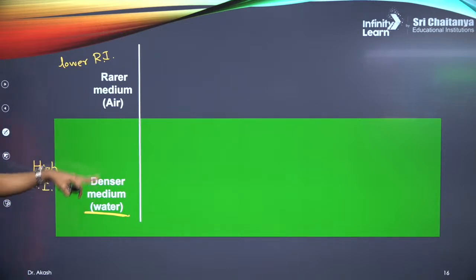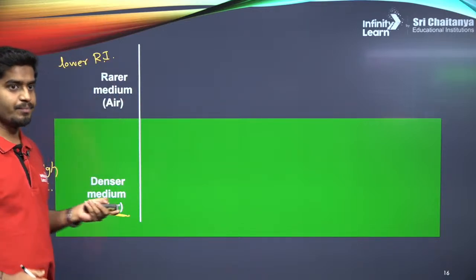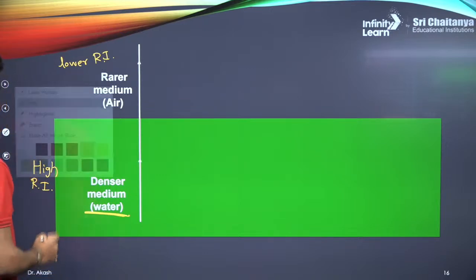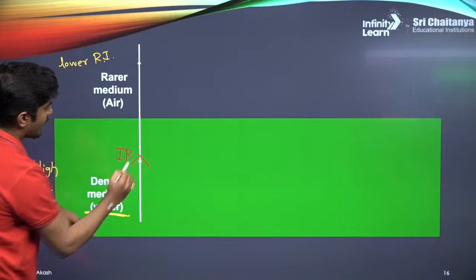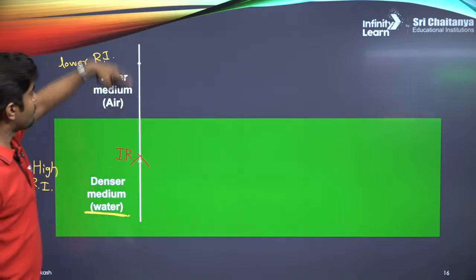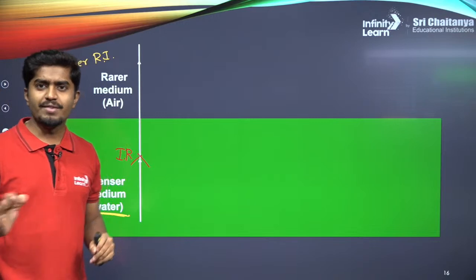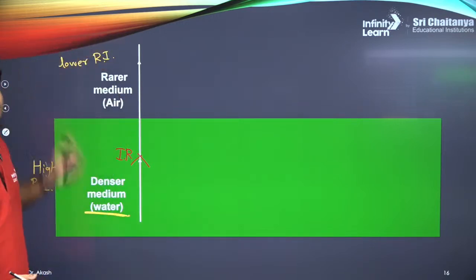That is the meaning. Denser medium, refractive index is greater. Rarer medium, refractive index is lower. So now this is the incident ray, which is along the normal. So it will pass without any deviation. Angle of incidence is 0.